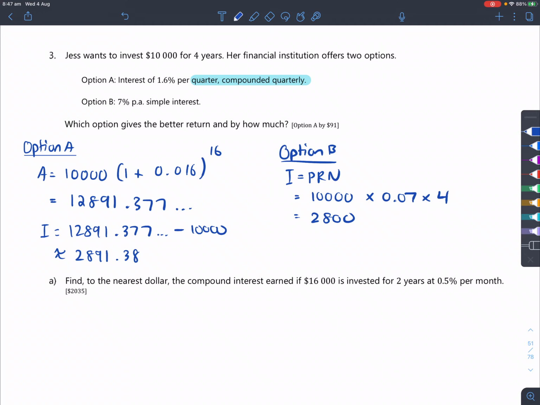So if we have a look at the difference between these two, which one gives a better return? It will be option A.